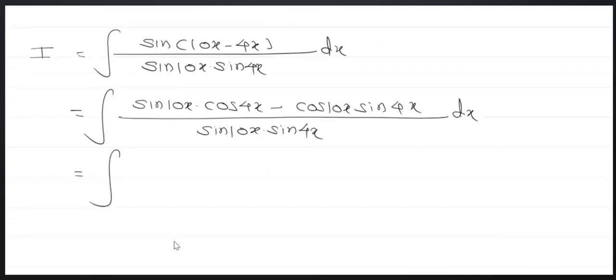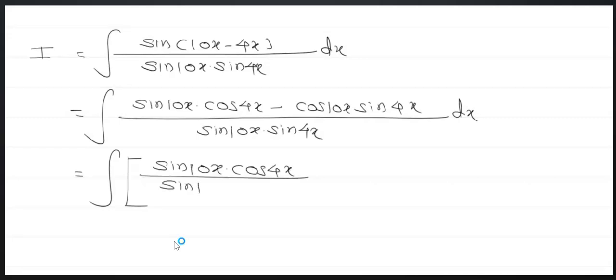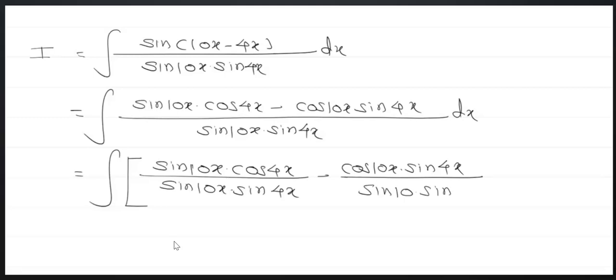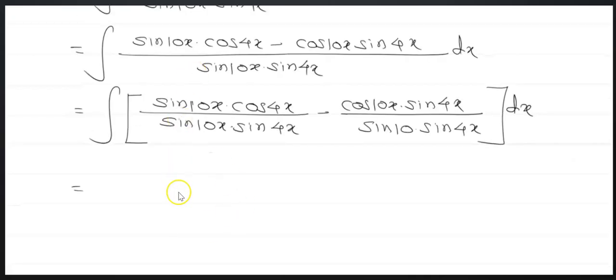Split this up. That is the integral of sin of 10x into cos of 4x upon sin of 10x into sin of 4x, minus cos of 10x into sin of 4x upon sin of 10x into sin of 4x dx. Sin of 10x gets cancelled.